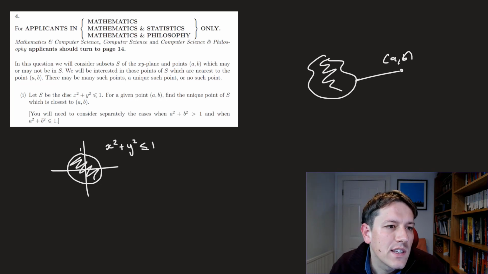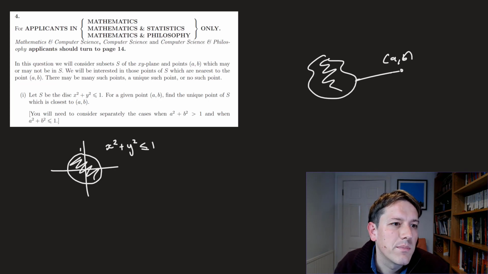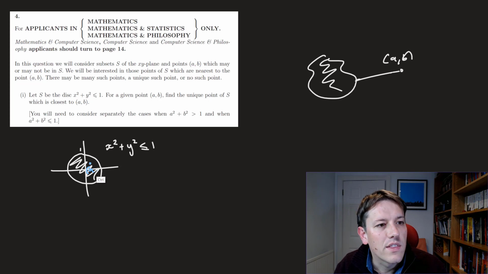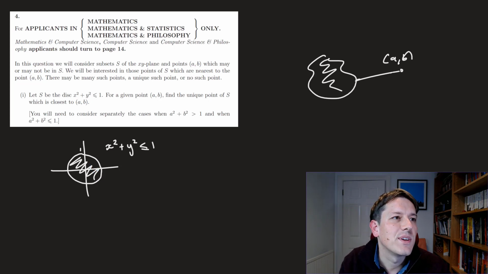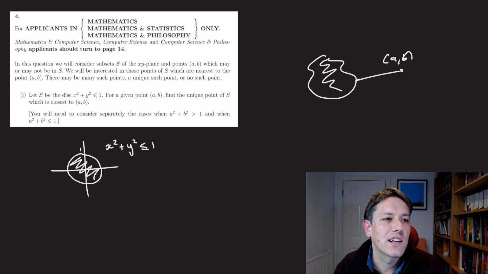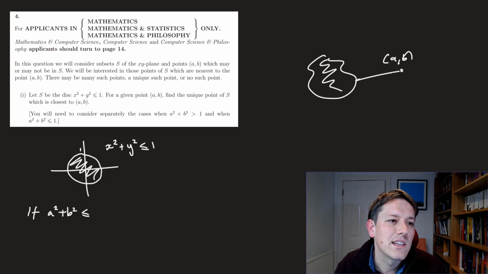Well, firstly, if a squared plus b squared is less than 1, that means this point (a, b) is somewhere inside the circle. So that just means that the point itself is going to be the closest point. That's kind of easy. So if a squared plus b squared is less than or equal to 1, then clearly (a, b) is the closest point.